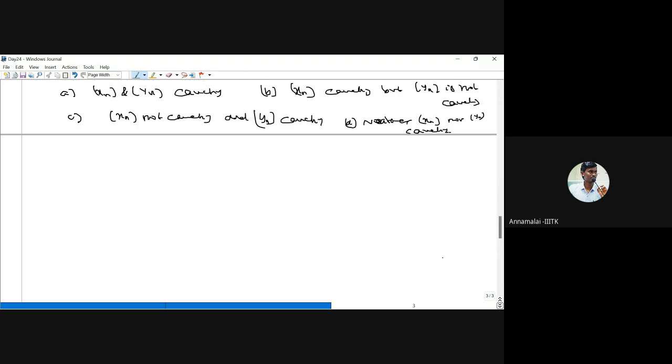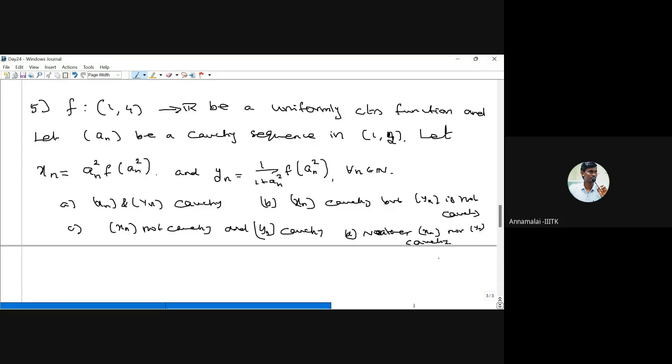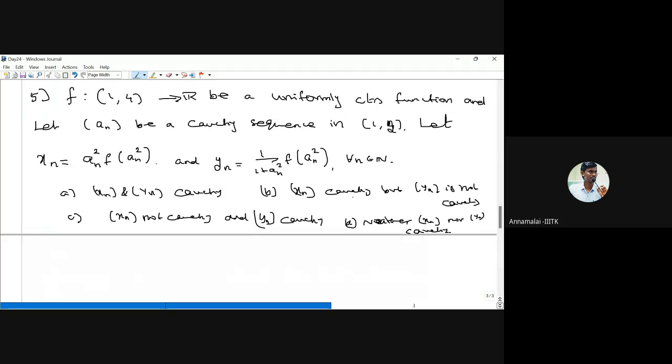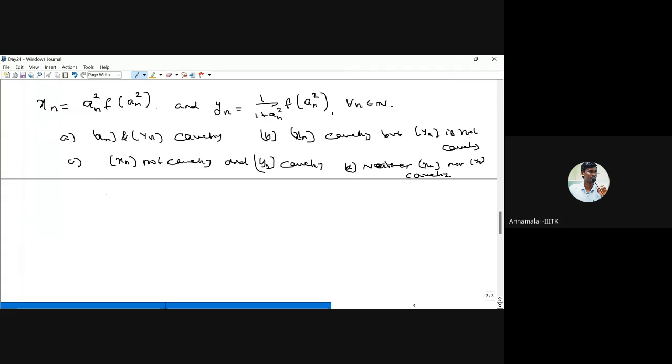Okay, so it's given that f is a uniformly continuous function, and we know that every uniformly continuous function takes a Cauchy sequence into a Cauchy sequence. Since it's given that an is Cauchy, and we know that the product of two Cauchy sequences is a Cauchy sequence, therefore an implies that an square is also a Cauchy sequence.